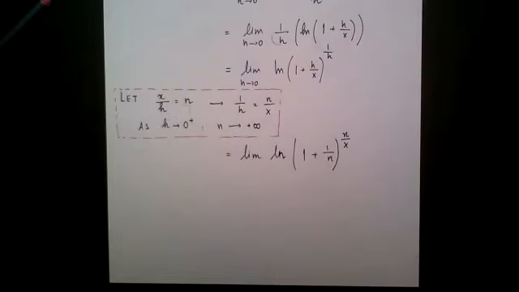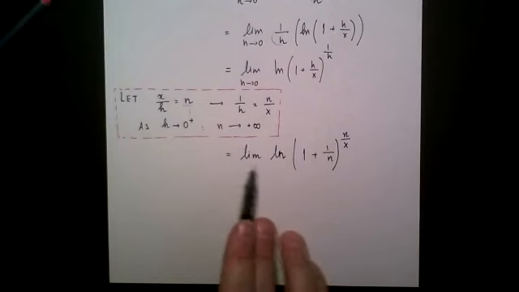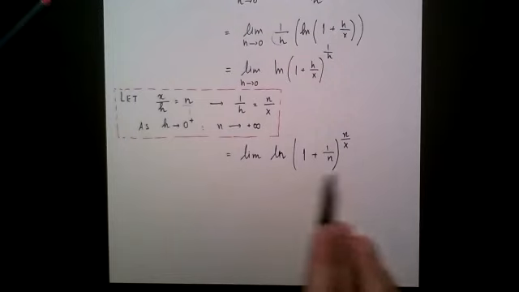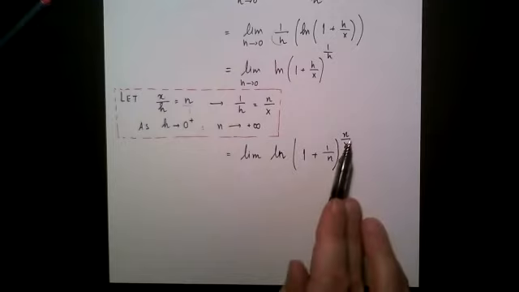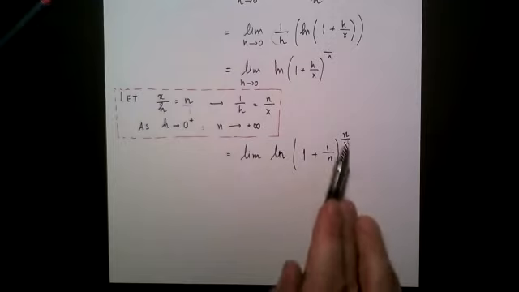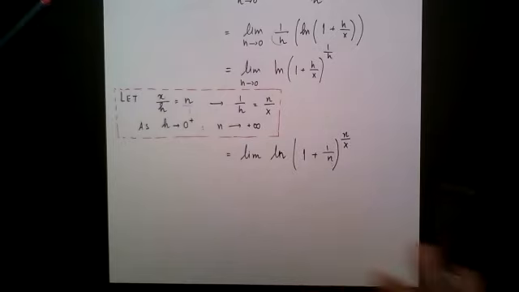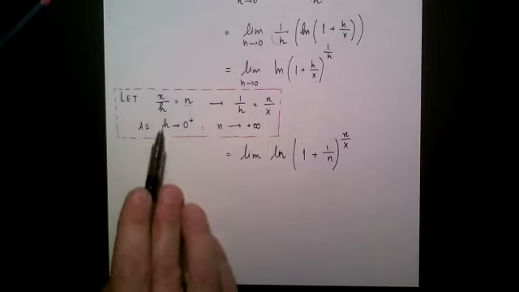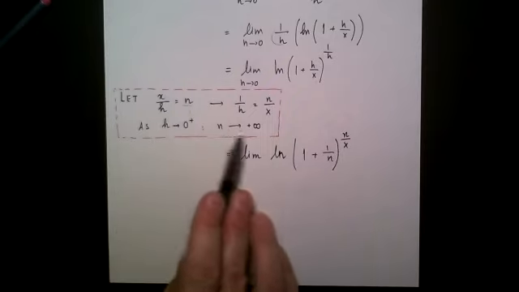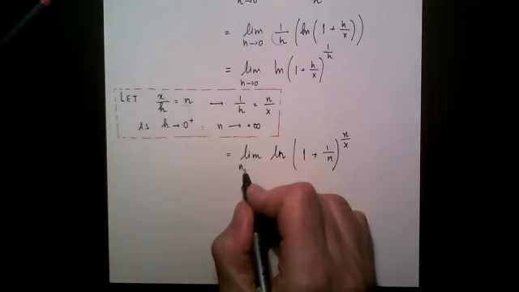Now, what happens if h approaches 0? There's no more h here. The only thing that's going to infinity is now n. So h approaches 0 changed to n approaches infinity.